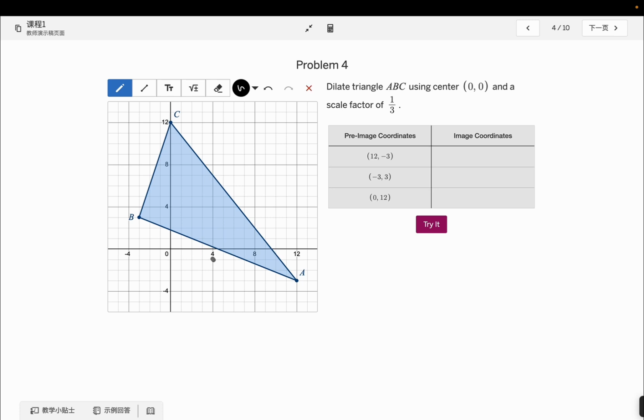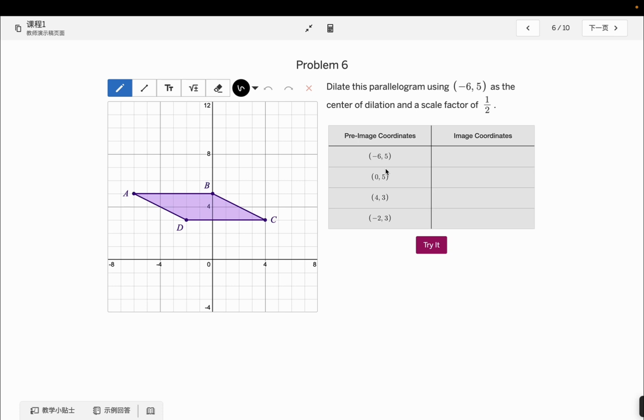So that is the point A prime. And for B prime, right here. And for C prime, it will be just right here. So now let's check. Then we get the correct points and also the image coordinates.